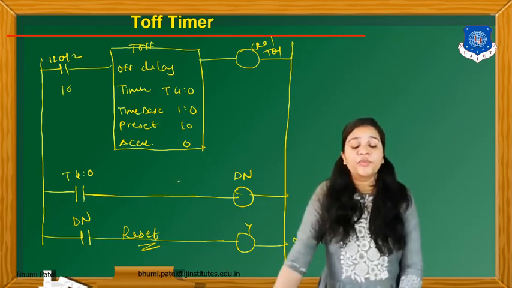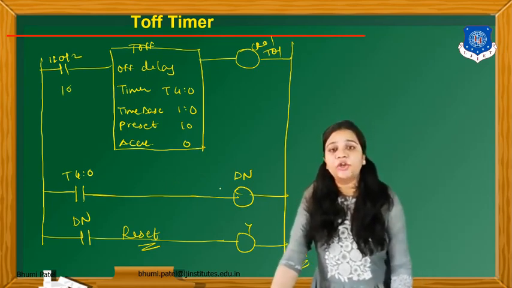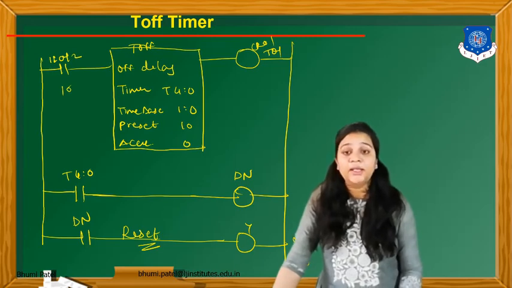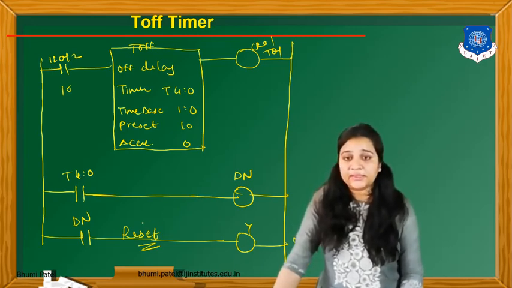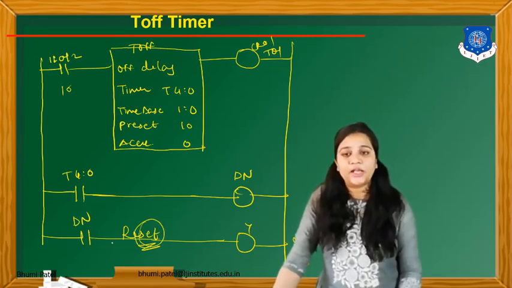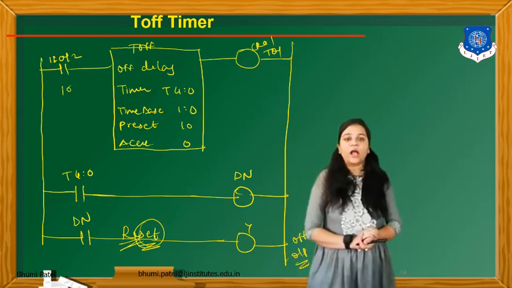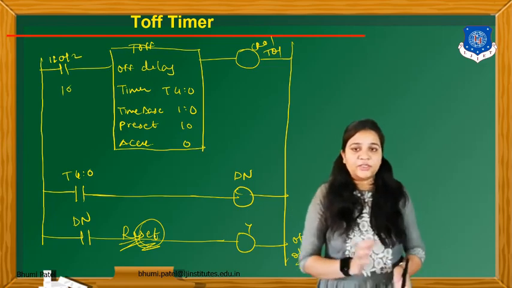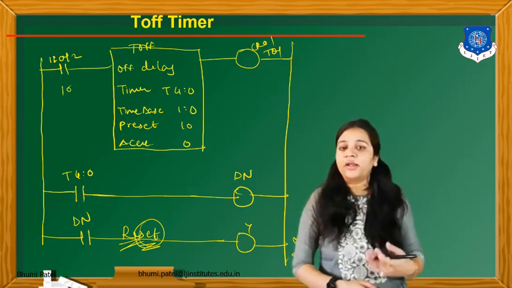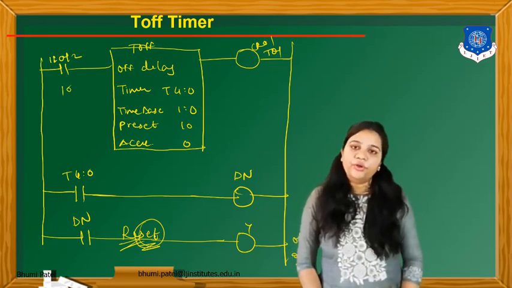So one main basic difference between the T on and T off timer is that in the T on timer we set the coil or set the output, and in the T off timer we reset the output signal. So after 10 seconds my output goes off.